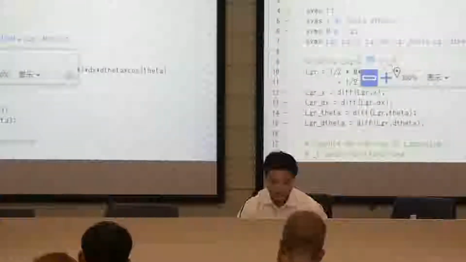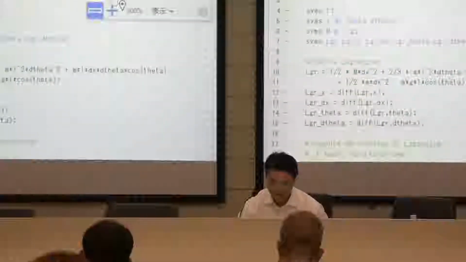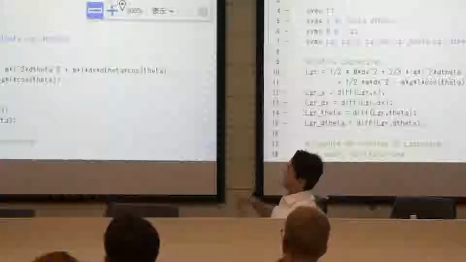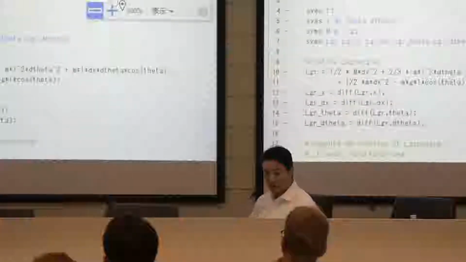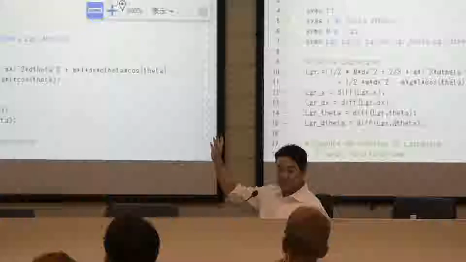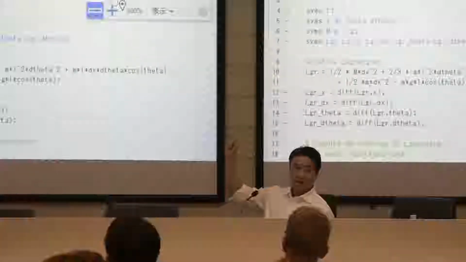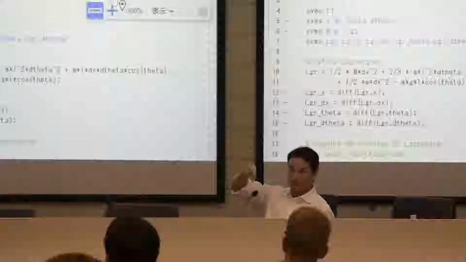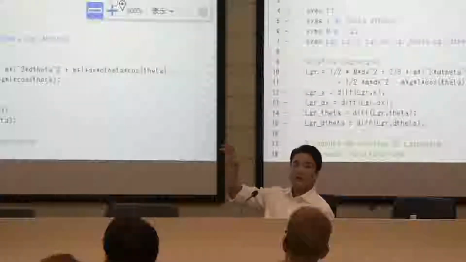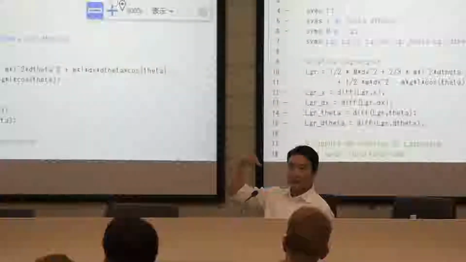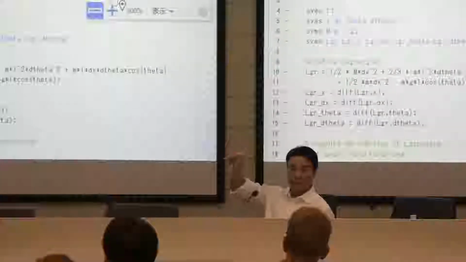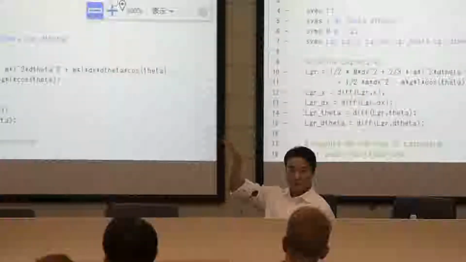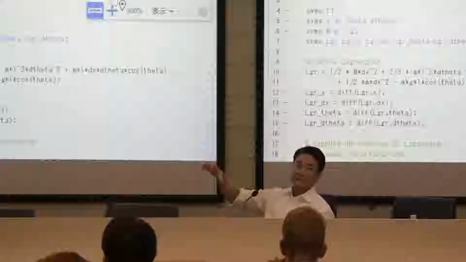And one important, annoying thing about using this symbolic math computation is that it doesn't understand the chain rule. As I told you, we have to differentiate L with respect to x dot and theta dot. After that, we are going to take the total derivative of those quantities with respect to t.